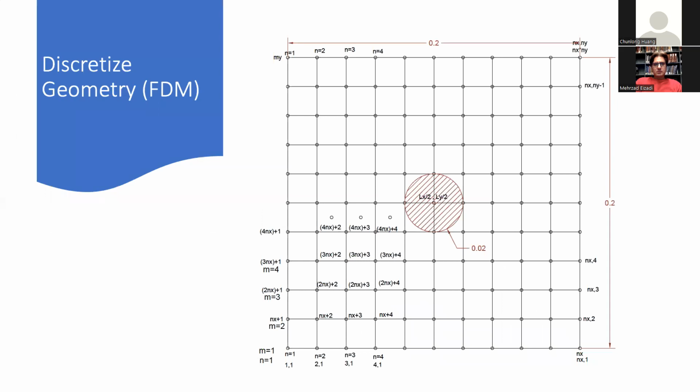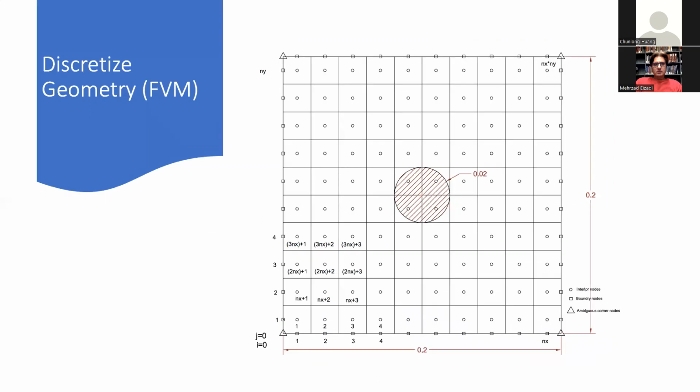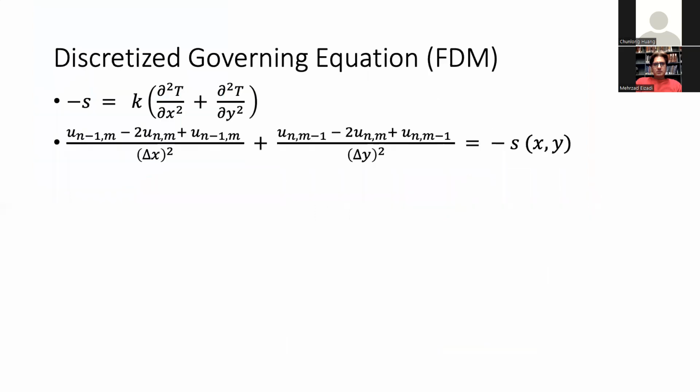Here we can see the discretization geometry for the finite difference method. And the next slide is the discretized geometry for the finite volume method. And the next slide is discretizing the governing equation for the finite difference method.